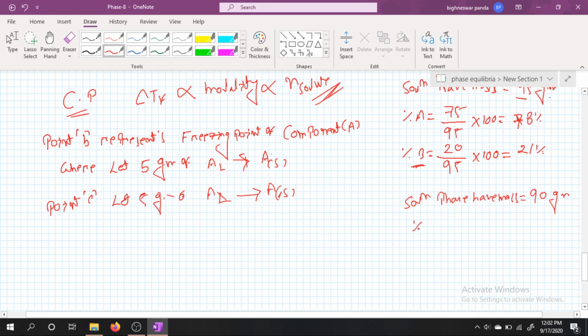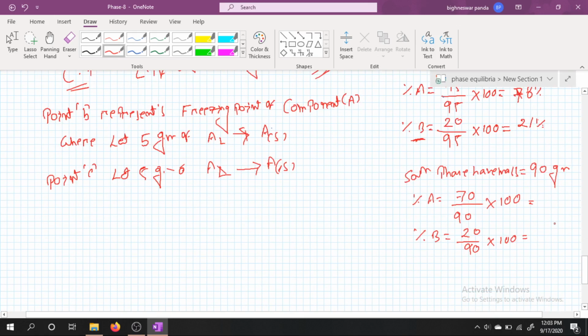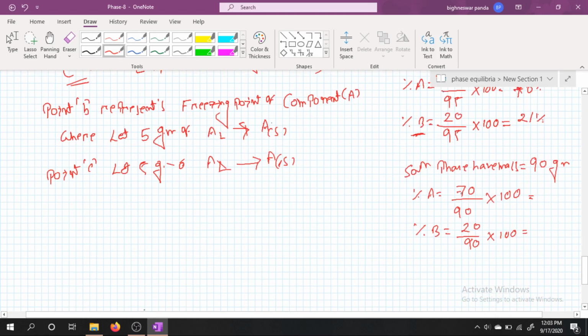Out of 90 gram, the percentage of A will be 70 divided by 90 into 100, and the percentage of B will be 20 divided by 90 into 100, which is approximately 77.7% for A.